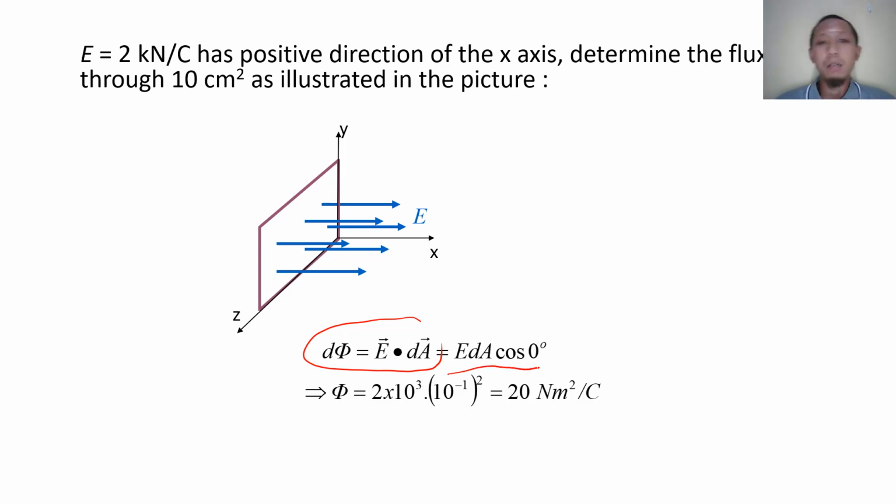Why is it 0? Because the direction of E and the direction of the vector of the surface are equal, like this one. It means that there is no angle between the electric field and the surface, so cosine theta is cosine 0. E is 2 kN per coulomb, so 2 multiplied by 10 to the power of 3, and then the surface is 10 centimeters squared.